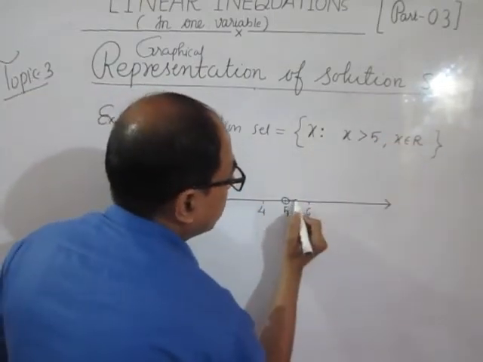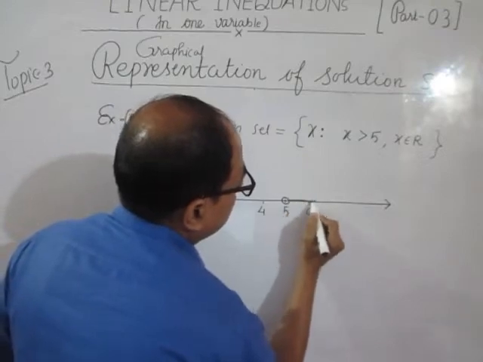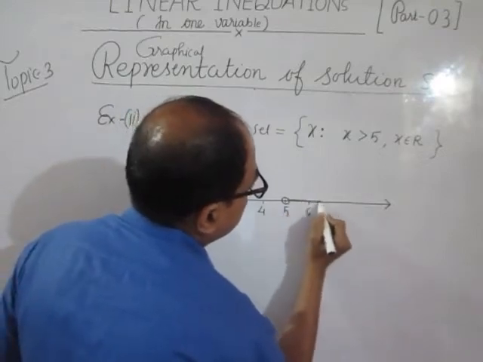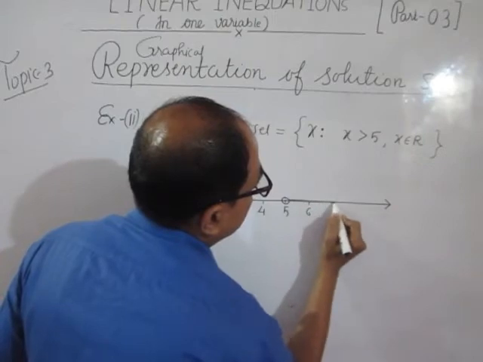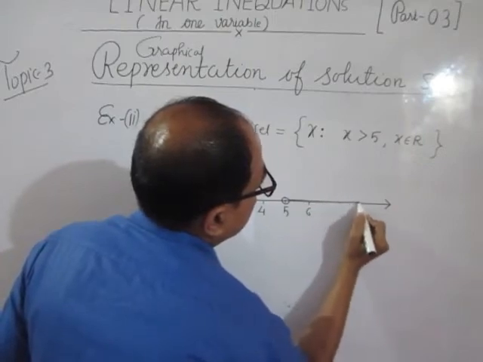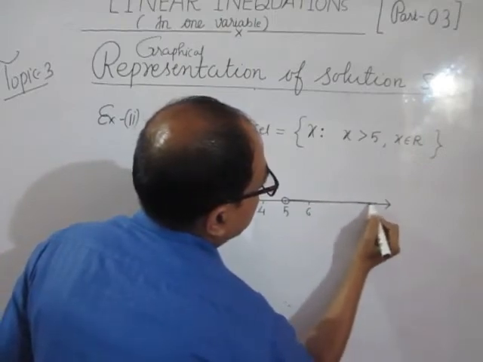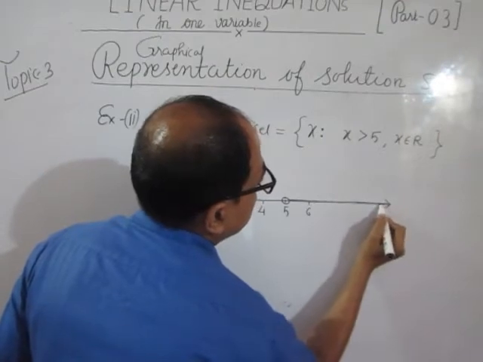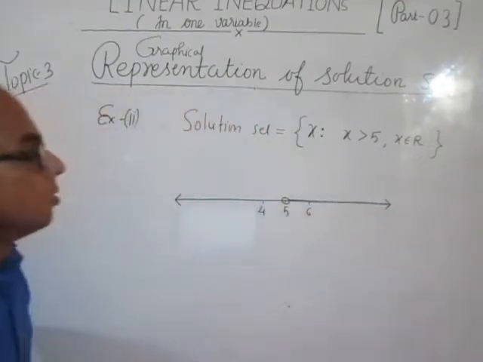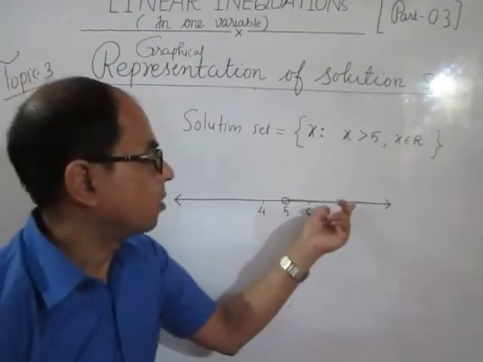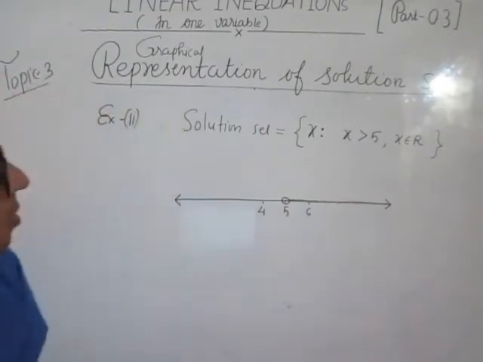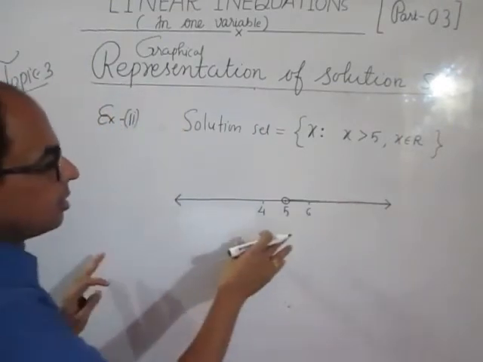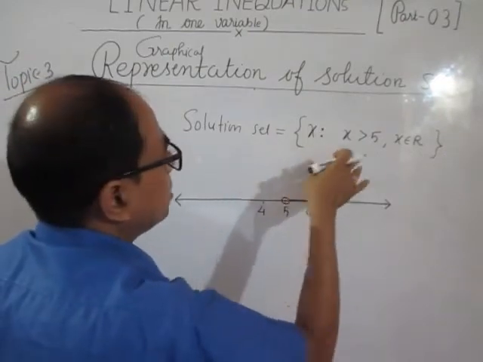So we will dark this part of the number line. And don't forget to dark it. Otherwise, how can the examiner know that this is the part of the solution? So this is the way to represent the solution set graphically.